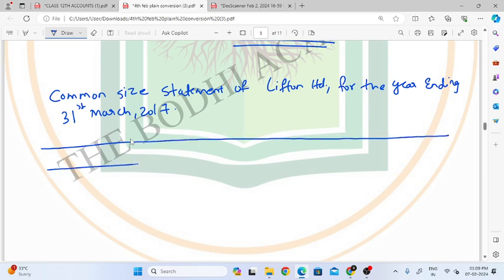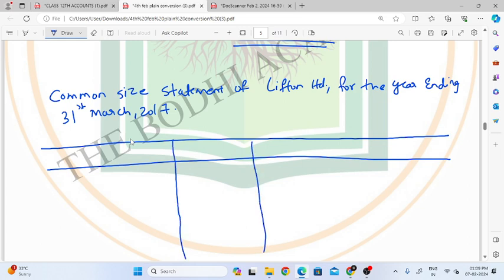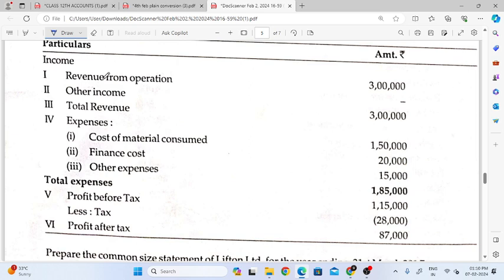So you have to prepare the columns: particulars, amount and percentage change. Amount and how much is the percentage, and here particulars will come. So the first one is income, that is your revenue from operations. Yes, so revenue from operation, and then total.